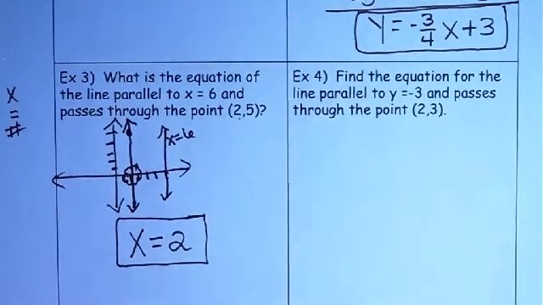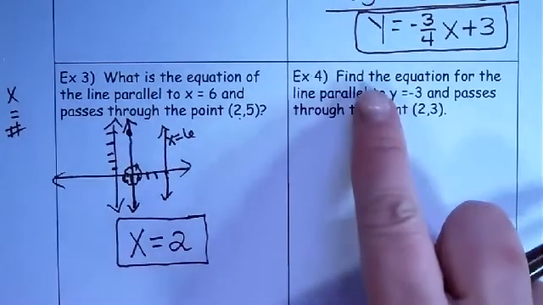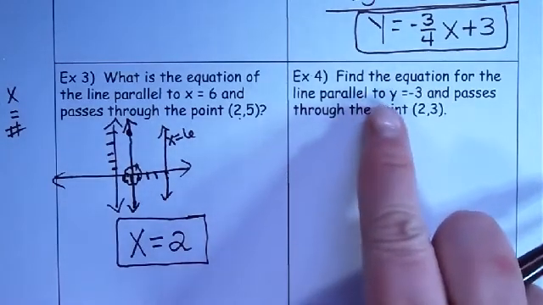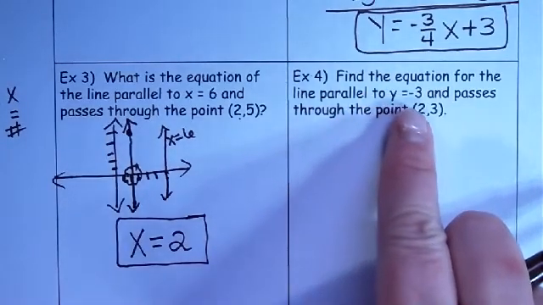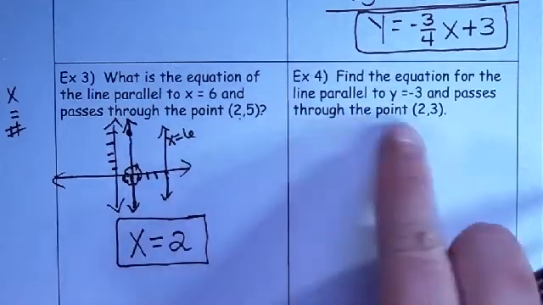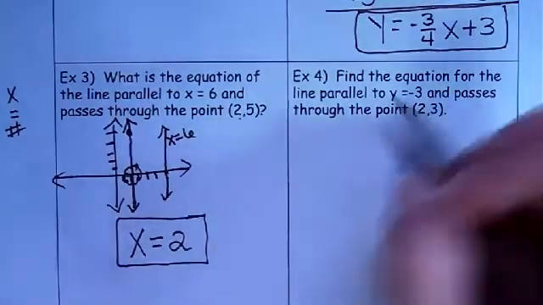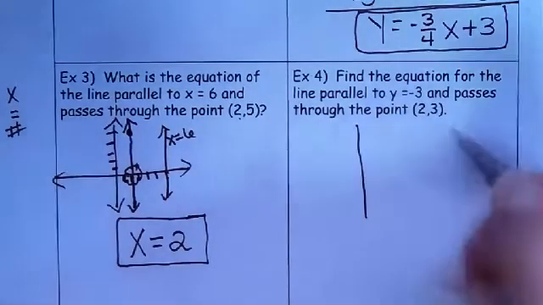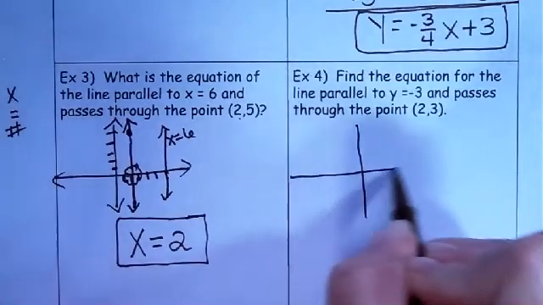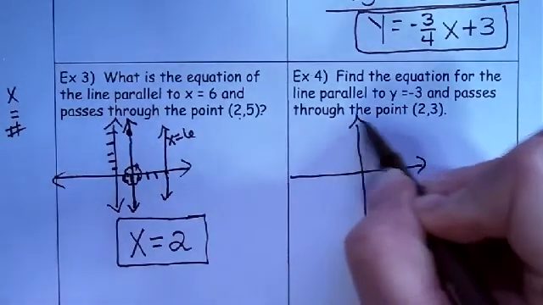Now, example 4 is the same problem, but it's going to be a horizontal line instead of a vertical. Example 4 says, let's find the equation for the line parallel to y equals negative 3 and passes through the point 2, 3. So let me just draw my picture right here so we can see what's happening. Because a picture's worth 1,000 words.